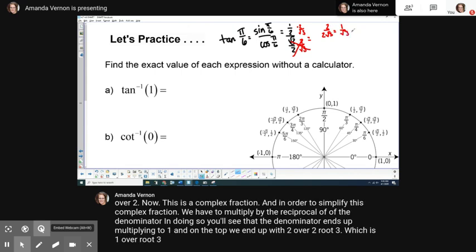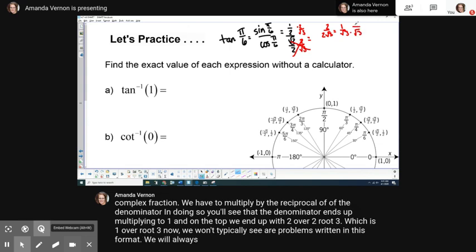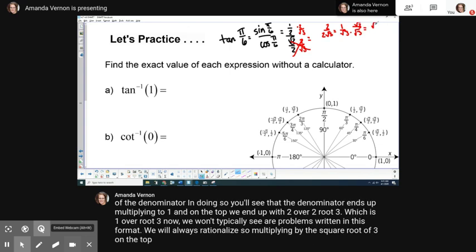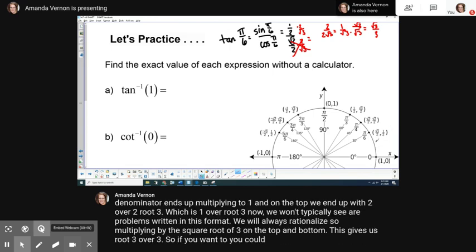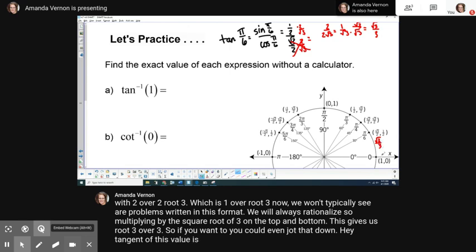Now, we won't typically see our problems written in this format. We will always rationalize. So multiplying by the square root of 3 on the top and bottom, this gives us root 3 over 3. So if you want to, you could even jot that down. Hey, tangent of this value is root 3 over 3. You'll start to understand how those values show up.